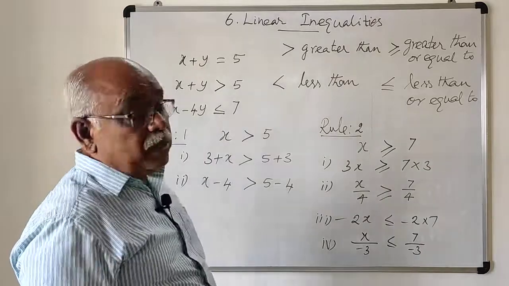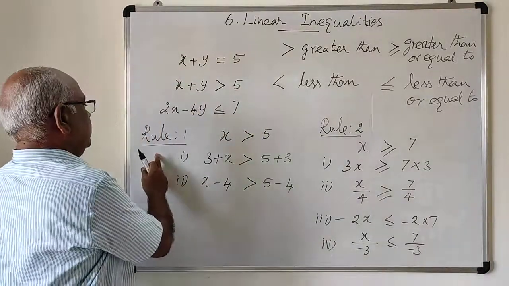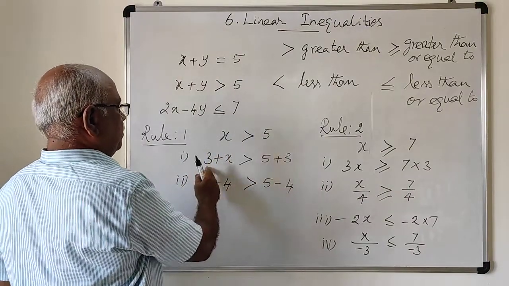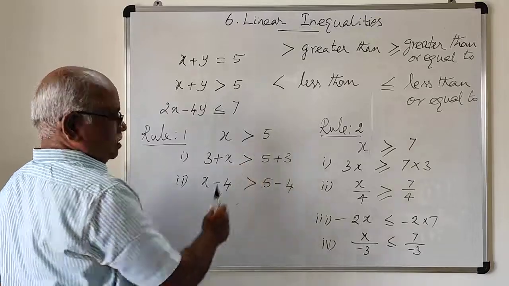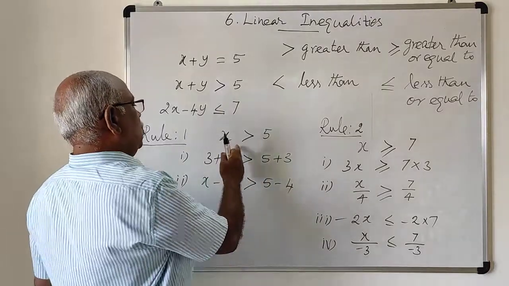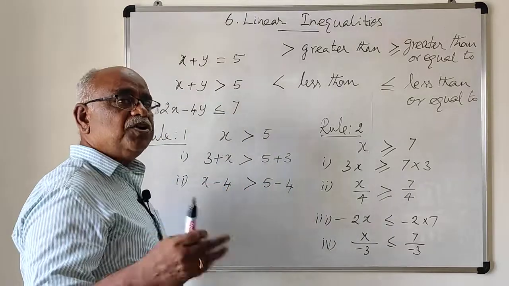Now, to solve the inequalities, we have to follow 2 rules. Rule 1 states that in an inequality, the same number can be added on both sides or subtracted on both sides, and the inequality is not changed.